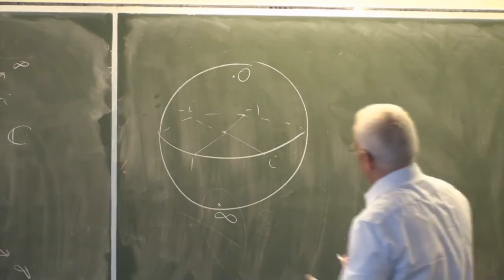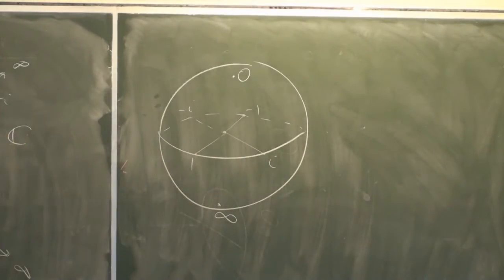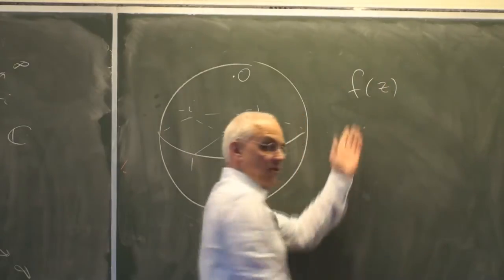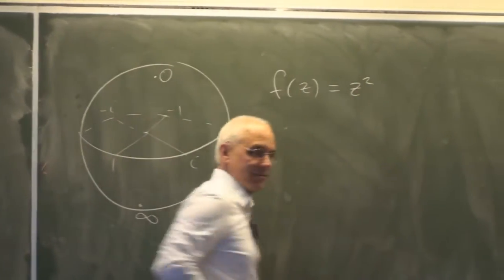All right, so this is another picture of the complex plane. But Riemann realized it was a very good picture for a number of reasons. This is not a course in complex analysis, but we'll just mention that a lot of functions, which is after all what you study when you study complex analysis, you study functions of a complex variable. For example, let's take a simple one, z squared.